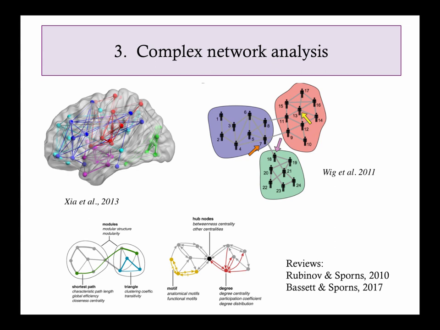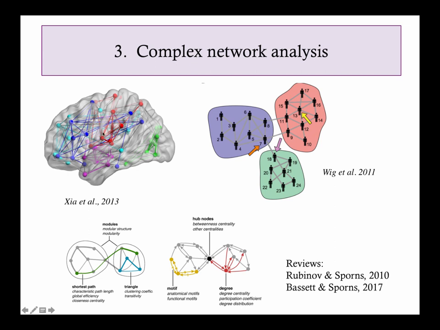The third class of methods we'll talk about is called complex network analysis. And this is based on methods from graph theory, where the building blocks are nodes and edges. So in fMRI data, we typically use brain areas as nodes, and the edges will reflect some estimate of their functional interactions, like their correlation strength.